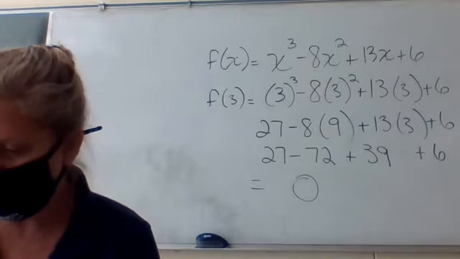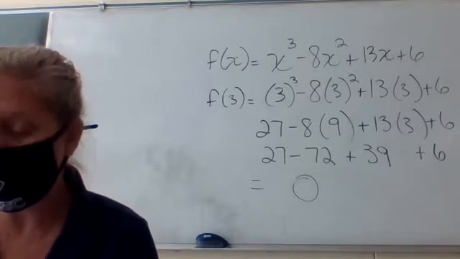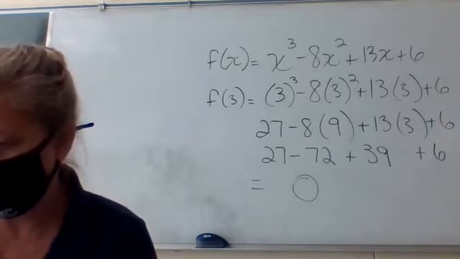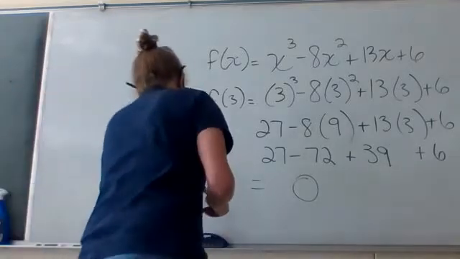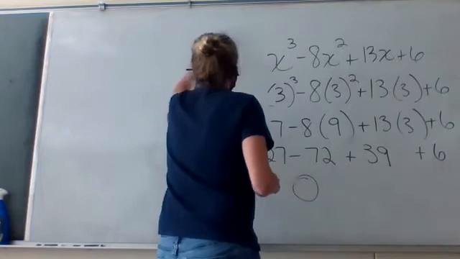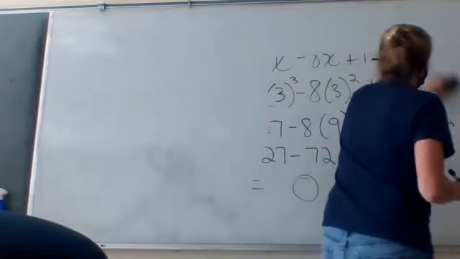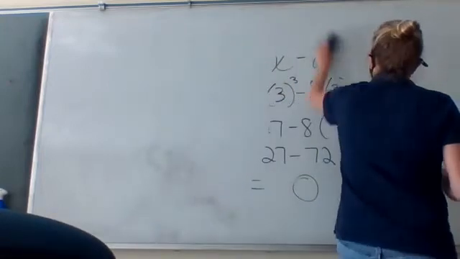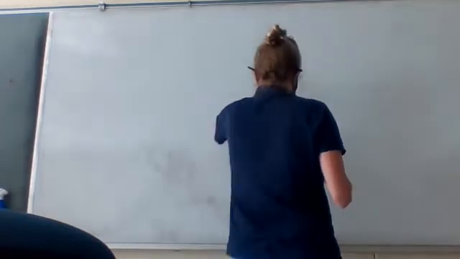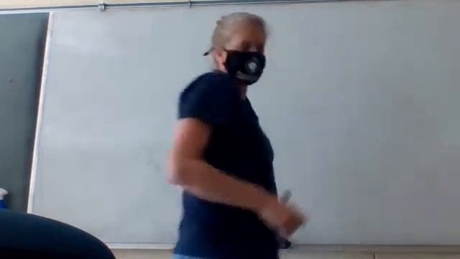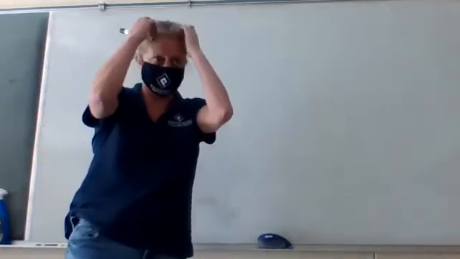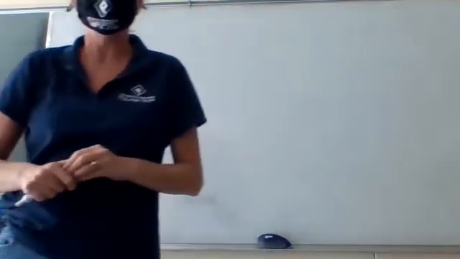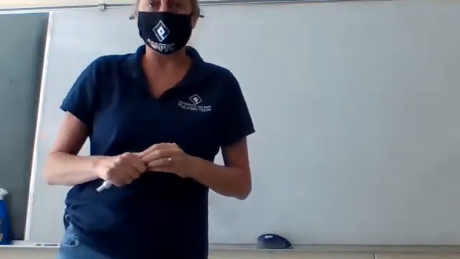When you get to number 6, it says find the zeros of the function and then state the multiplicity of each. Before we do this particular problem, because when you're finding the zeros, you want your polynomial, your group of terms, to be as factored out as it can.